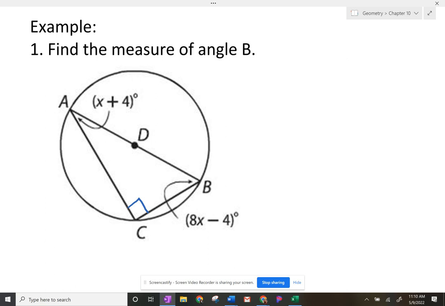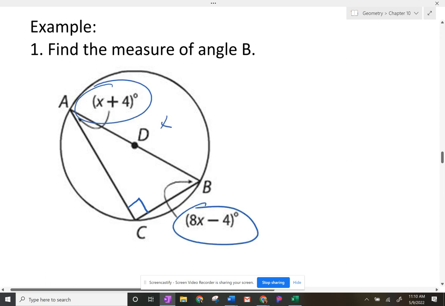All right, so again, we already mentioned it. If it's a triangle, how many degrees are inside a triangle? 180. If one of the angles is already 90 degrees, what will the other two always add up to? 90 degrees. Fantastic. So I've got this angle plus this angle, and both of those are going to equal 90 degrees.